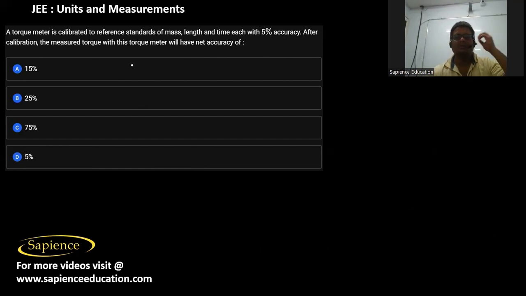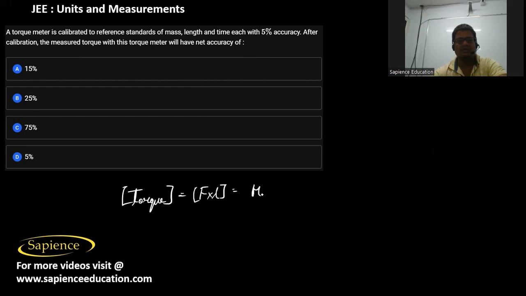After calibration, the measured torque with this torque meter will have a net accuracy of. Okay. So torque, we know that the dimensional formula for torque is force into length, that will be equal to ML^2T^-2.